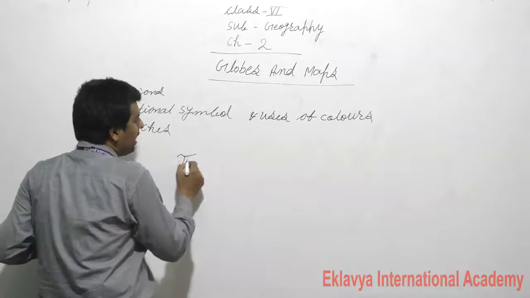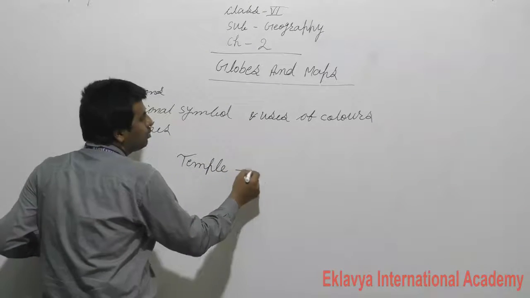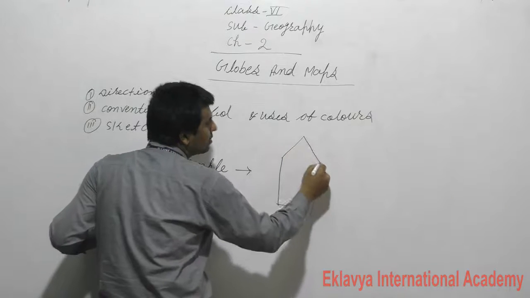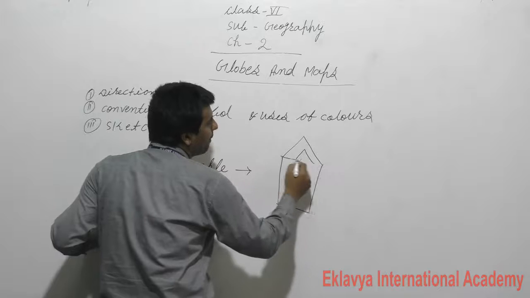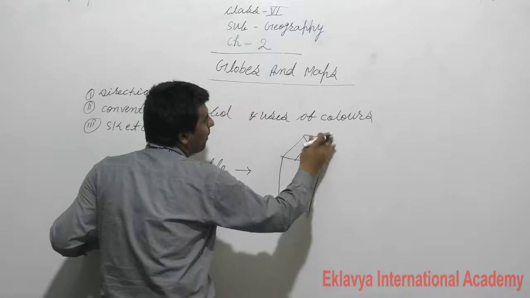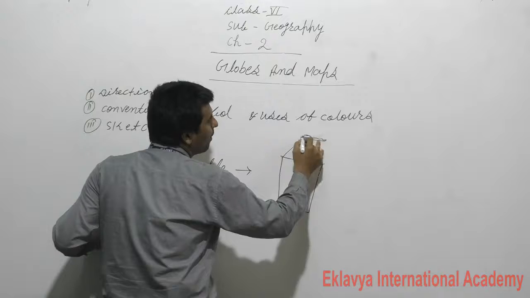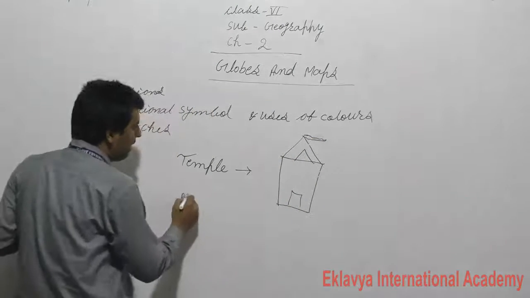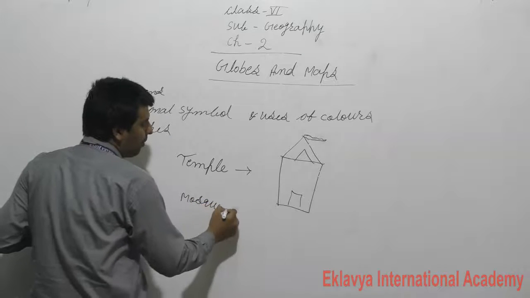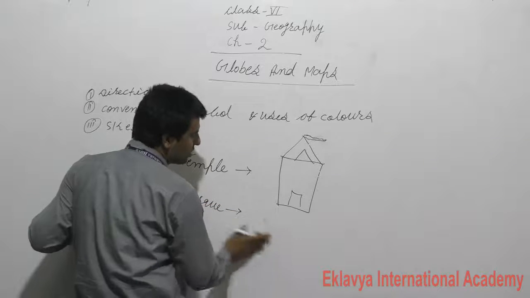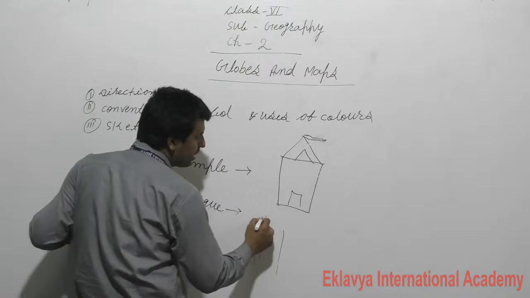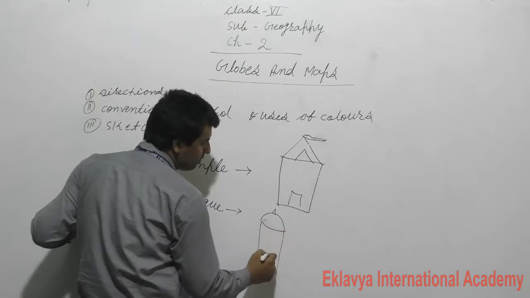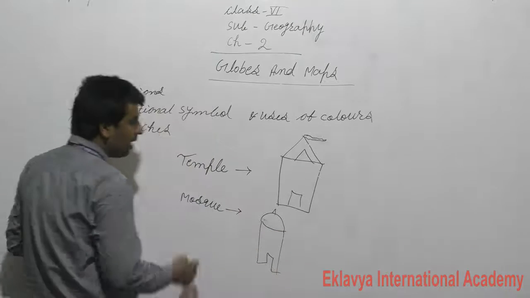Suppose that if you want to make a temple, you have to use this type of symbol. This is a temple, this is a temple, and if you want to make a mosque, the same process is followed, like this is a mosque.